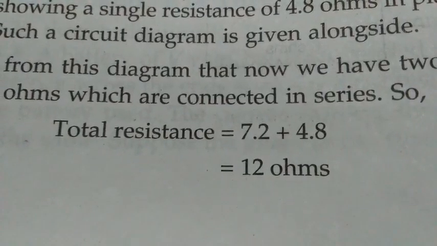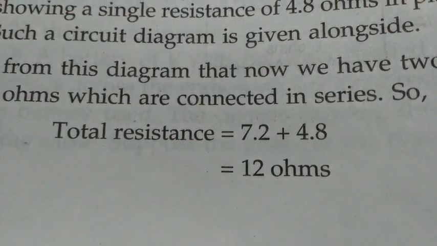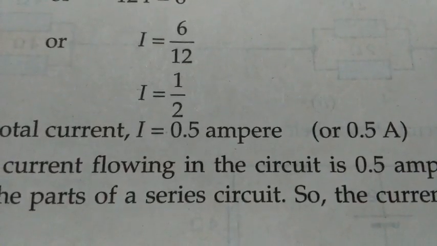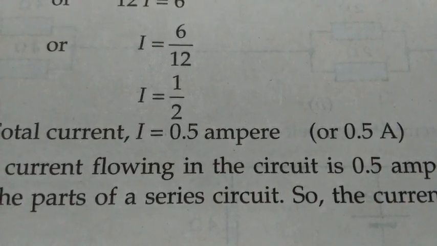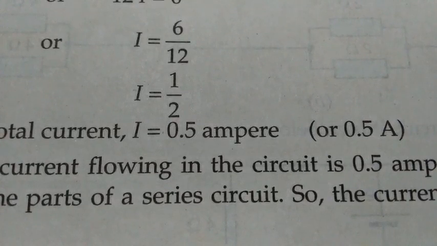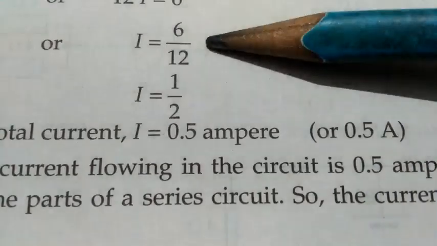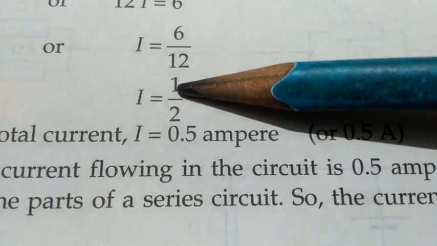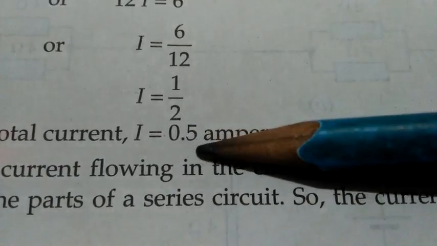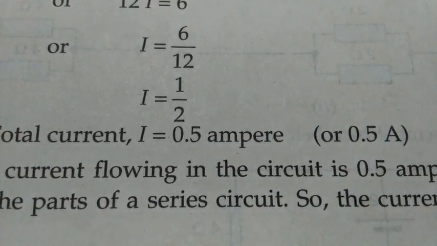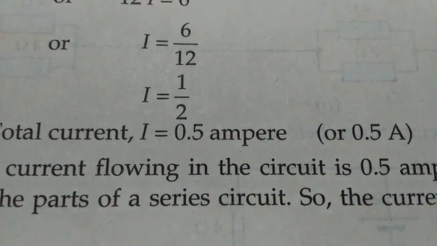We get total resistance as 7.2 plus 4.8, that is 12 ohms. The total voltage is given as 6 volt. By putting the values in I equals V upon R, we get I equals 1 upon 2, that is 0.5 ampere. So we have found the total current flowing in the circuit.